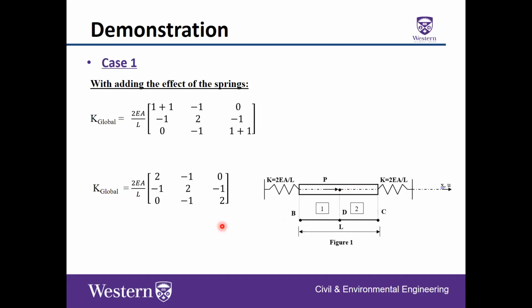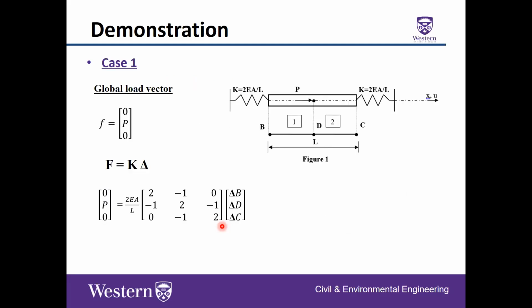So this is our final answer for the global stiffness matrix. Is everything clear? Do you have any questions regarding that? All good? All right. Let's move on to the global load vector.